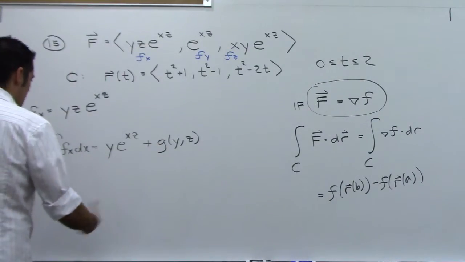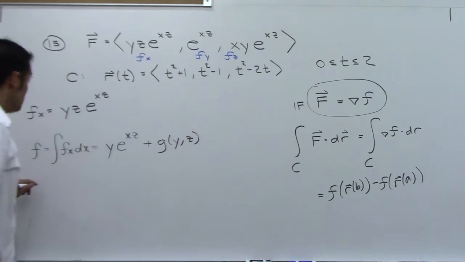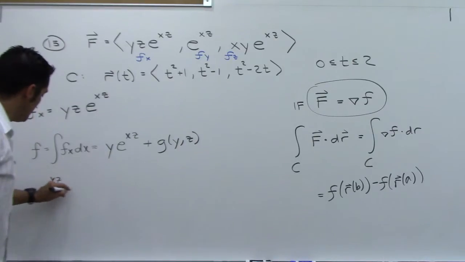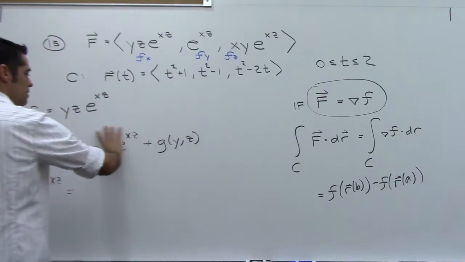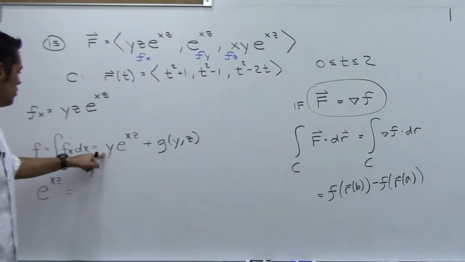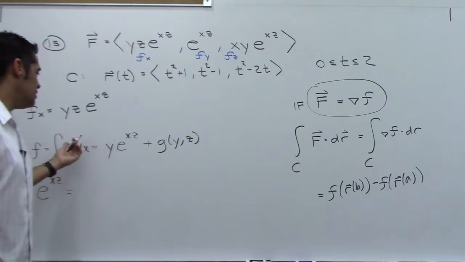Now, I know that this partial, this e to the xz, must be equal to what I get when I take the derivative of this with respect to y. So let's do that. Here's y. This is all a constant. So the derivative of y is 1.